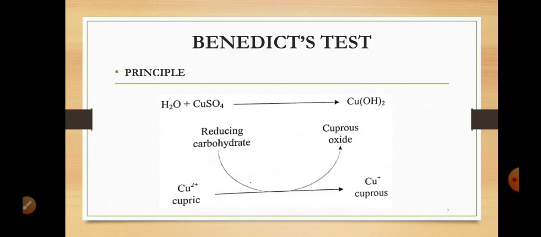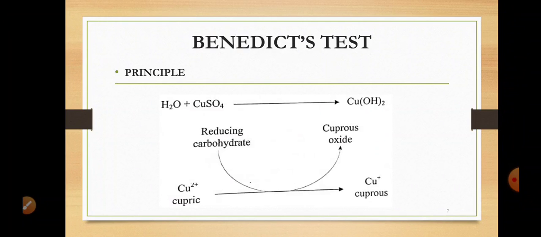When this solution is treated with a reducing carbohydrate, the cupric ion gets converted to cuprous. Thereby there is a specific color formation with respect to the amount of the reducing carbohydrate present, here referred to as glucose.